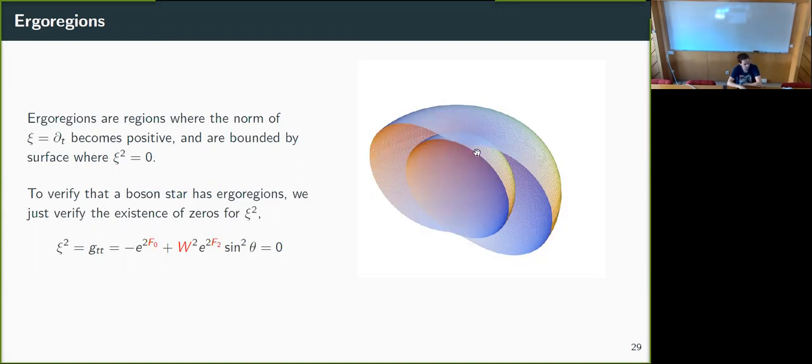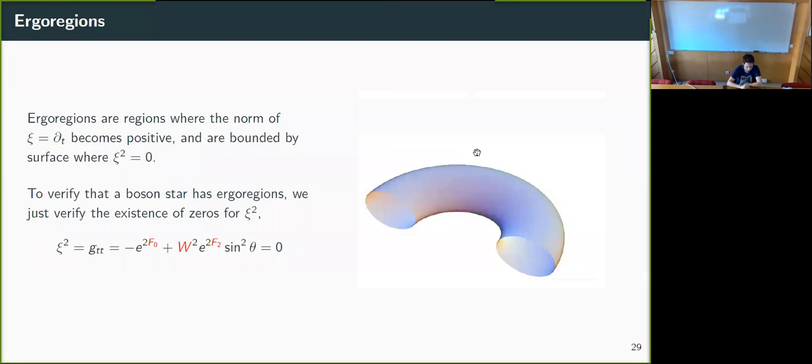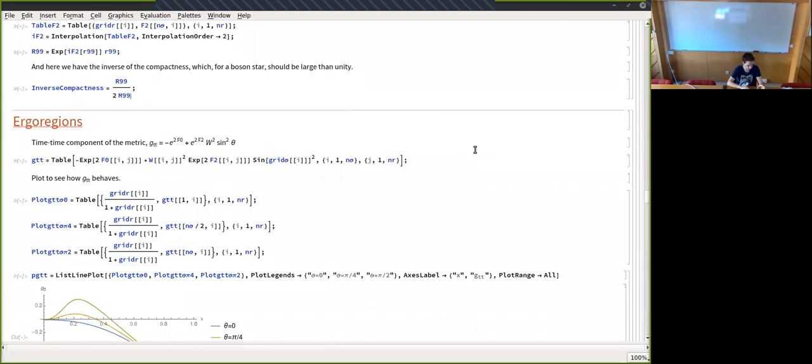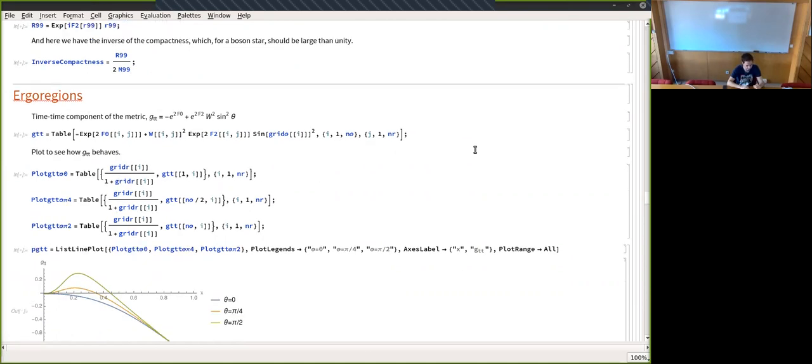But for the case of boson stars, it's a bit different. You have something like this, so the topology is different. This has a toroidal topology. So here in the Mathematica file, what I did was just a check to see if this particular boson star has an ergo region.